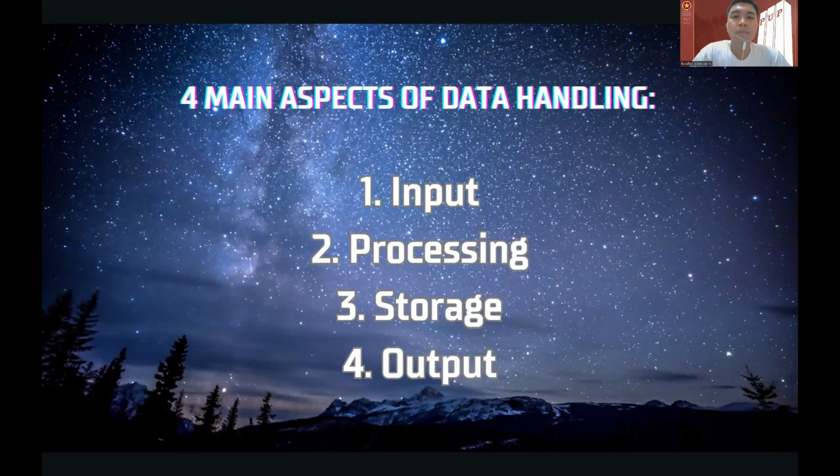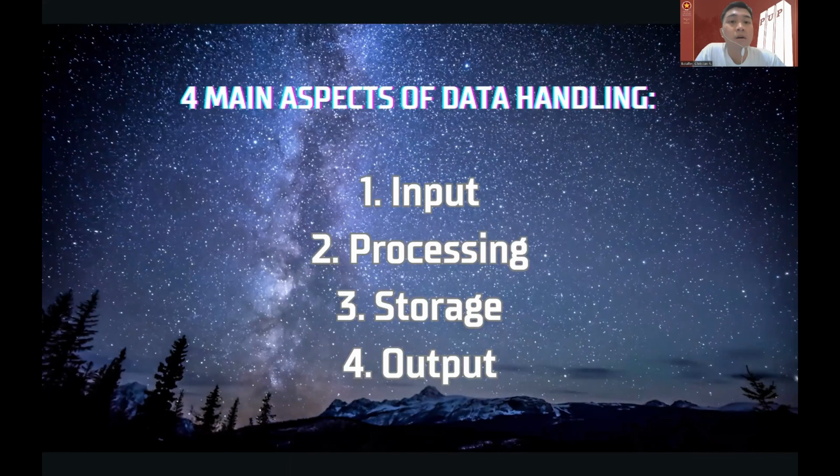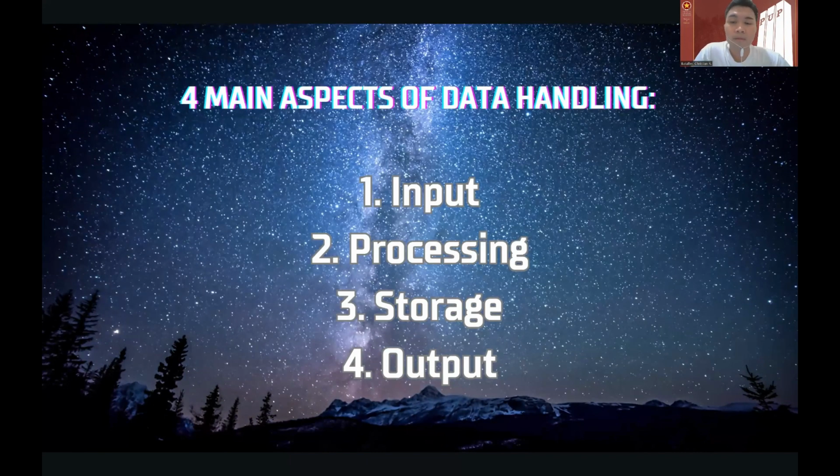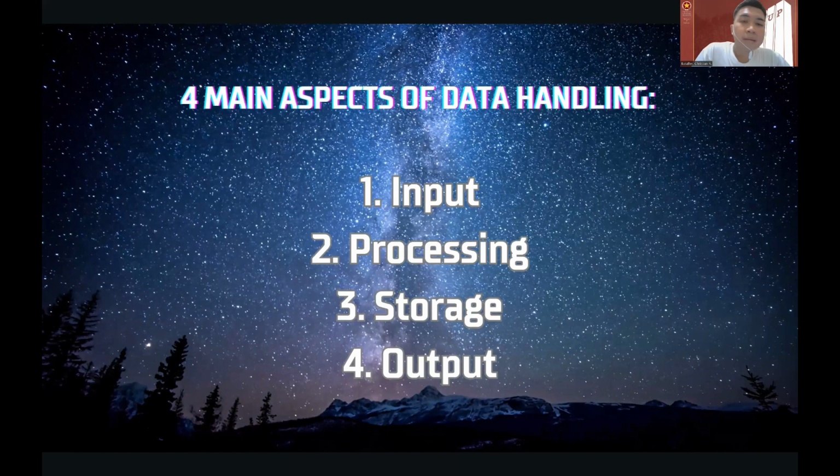So there are four main aspects of data handling, which are the input, processing, storage, and output. Input is taking information that is external to the system and entering it into the system. Processing is an action performed on the data. It can include sorting, searching, or performing calculations on the data.